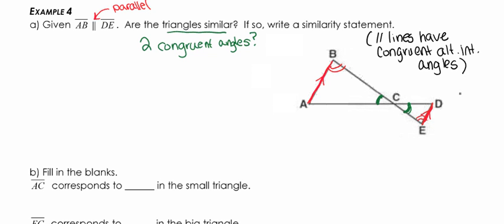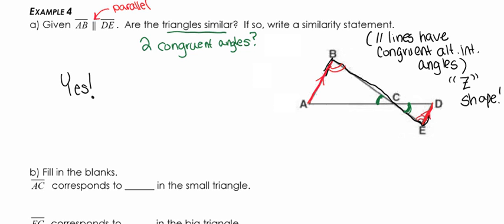And when we look for those congruent alternate angles, remember we're looking for the Z shape. And that's why we've got this angle at B and this angle at E. So are these two similar? Yes, they are, even though when we first looked at them, we didn't necessarily think that.